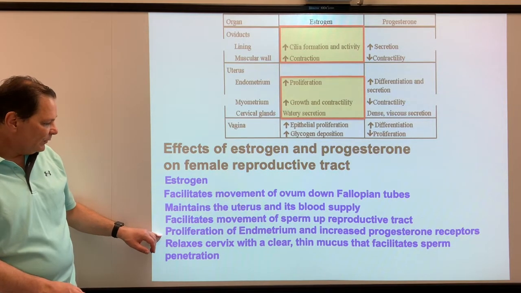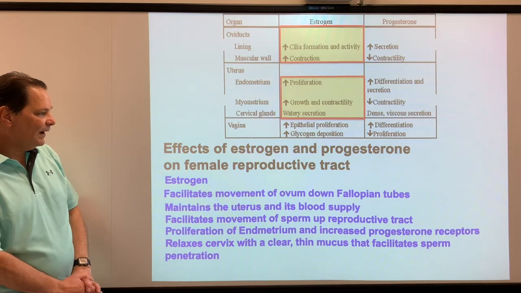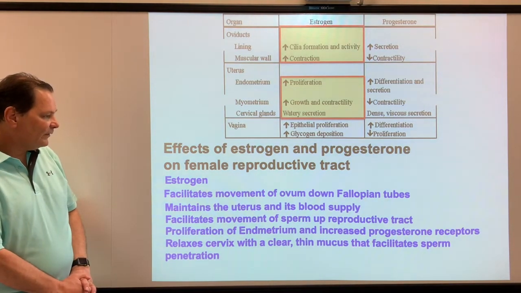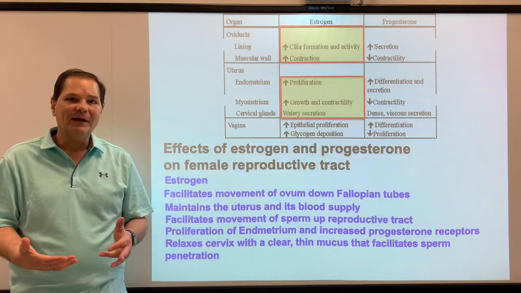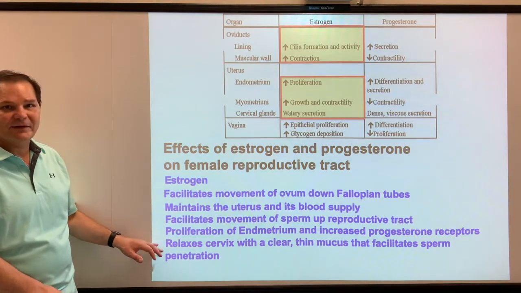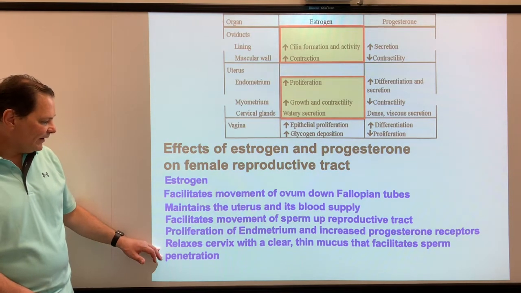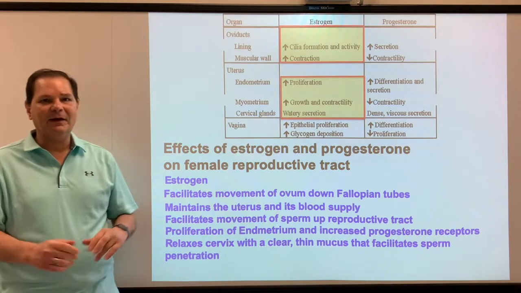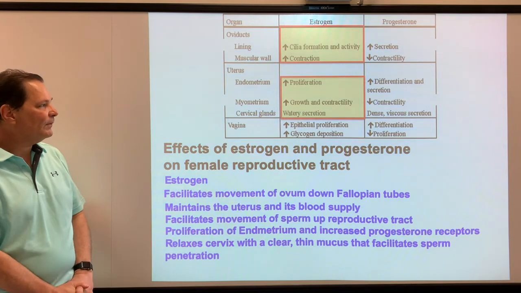And at the same time you get proliferation of the endometrium and increased progesterone receptors in the endometrium. And so what's happening is your endometrium is proliferating, and eventually the progesterone is going to play a role in stabilizing this proliferated endometrium. Okay, and it also relaxes the cervix. I mentioned this earlier, and it makes the cervical secretions more watery, and it's easier for sperm to penetrate.